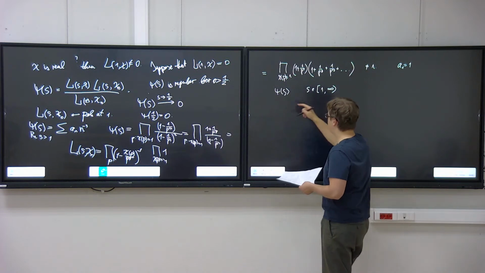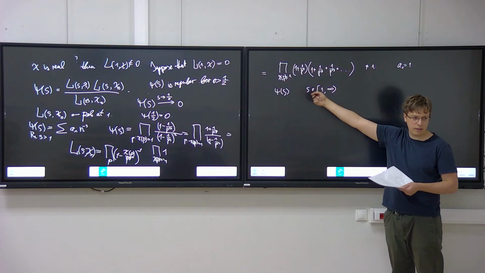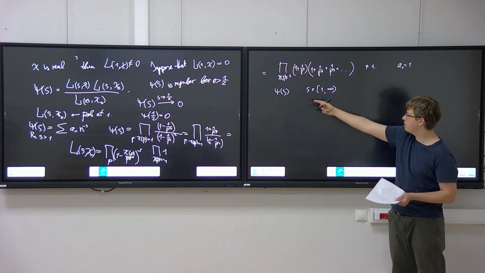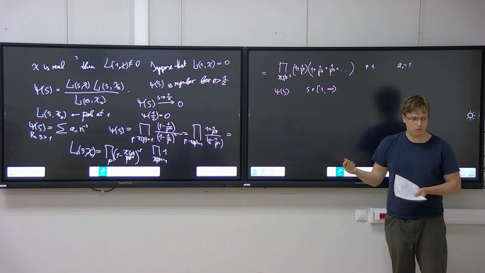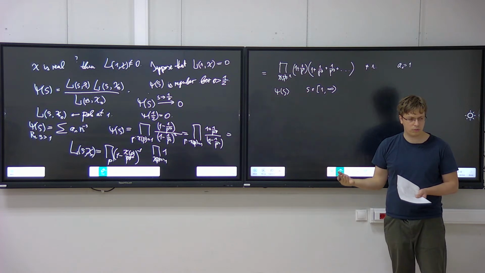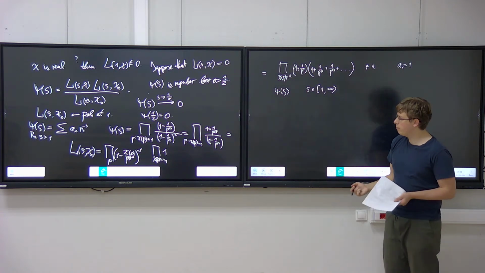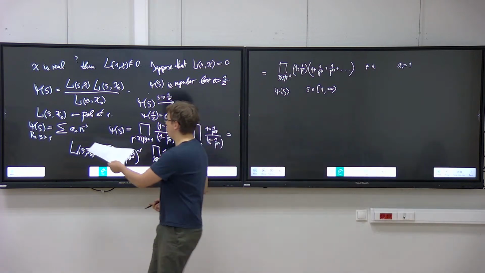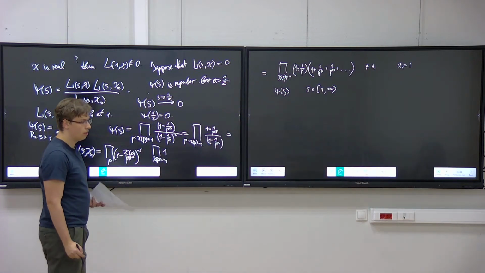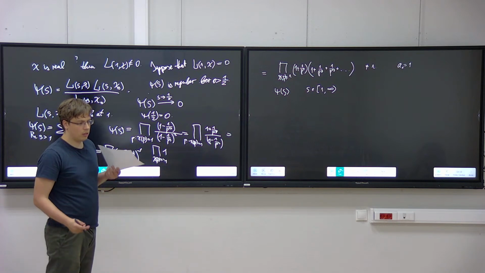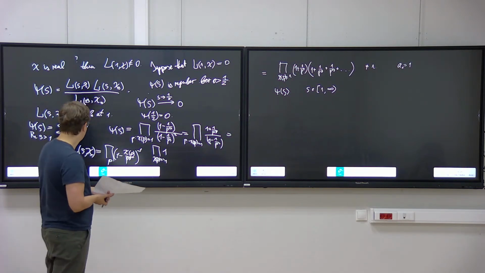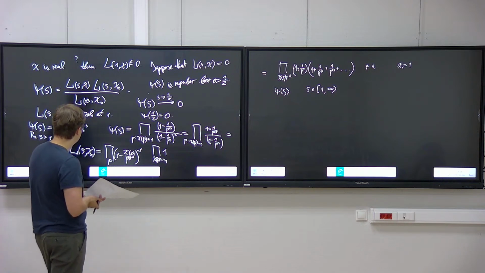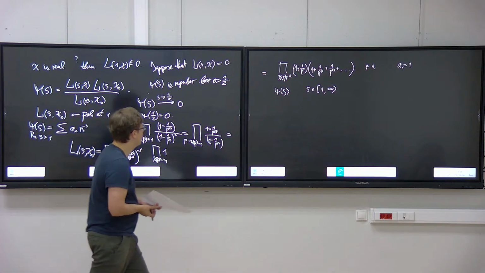What can we say about our function as a real valued function, psi of s, if s ranges from 1 to infinity? We know that all these are positive, так что функция монотонно уменьшается. Сейчас. Ну да, понятно почему.